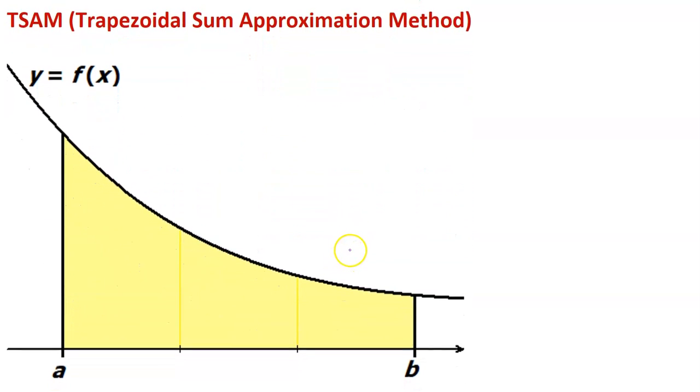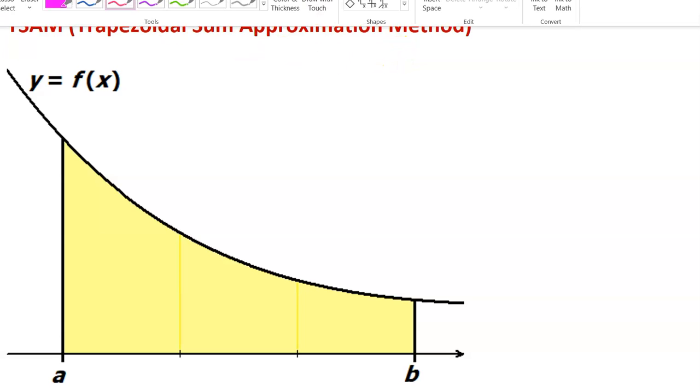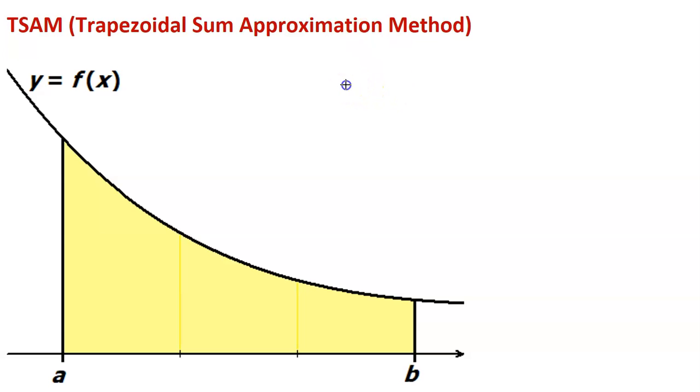The fourth and final method is called TSAM, which stands for Trapezoidal Sum Approximation Method. So real quick, when we talk about trapezoids, when you learned about trapezoids back in geometry, you had pictures like this. This is your classic trapezoid.